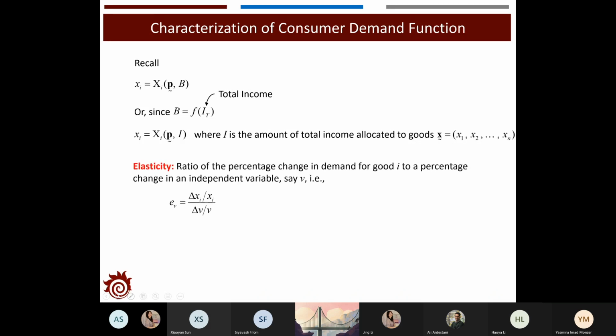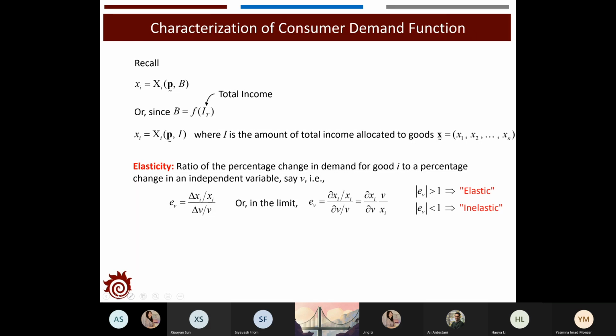Now we will be able to find the elasticity, which shows the ratio of the percentage change in the demand for one product with respect to any independent variable. So this is the elasticity we defined previously.